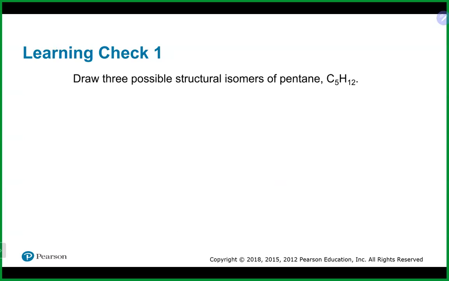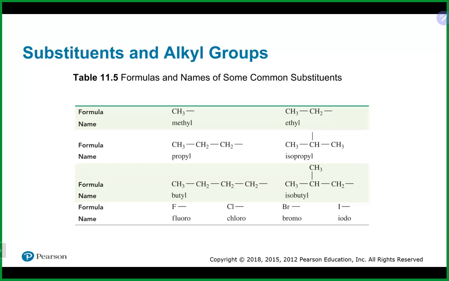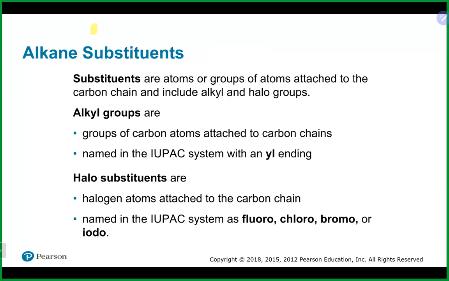So before we do that, let's talk a little bit about substituents and how we go about naming them. There are a couple different types of groups that you will find attached to these longest carbon chains. Some are referred to as alkyl groups, and these are really carbon-based groups.